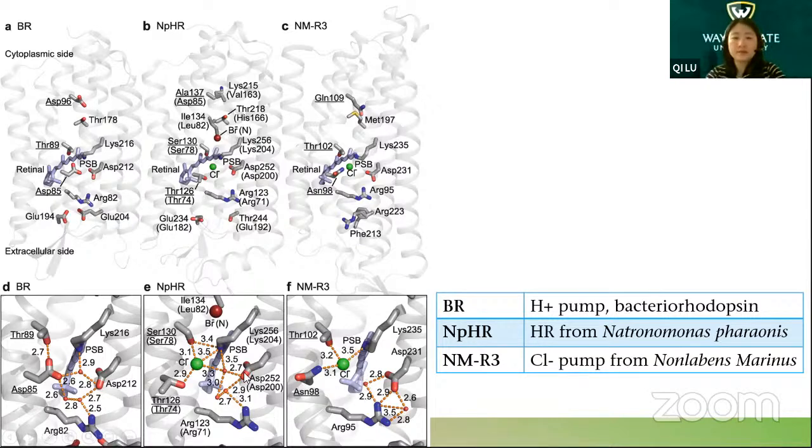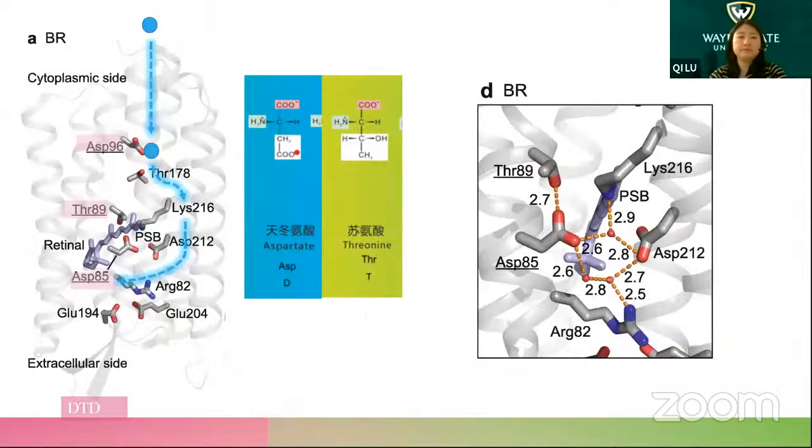And there are some very detailed differences between different chloride pumps, and these all determine the photocycle or kinetics of the pump.